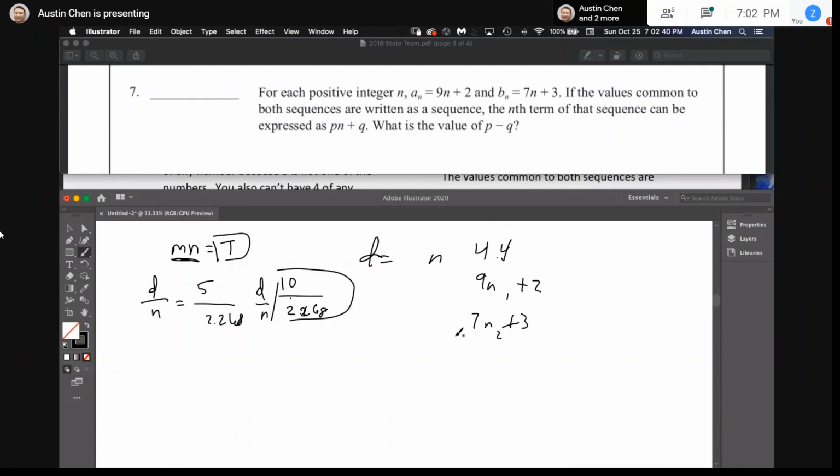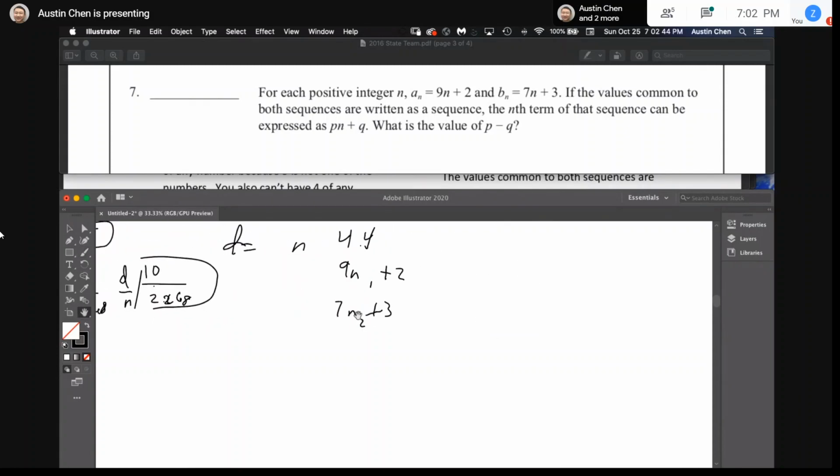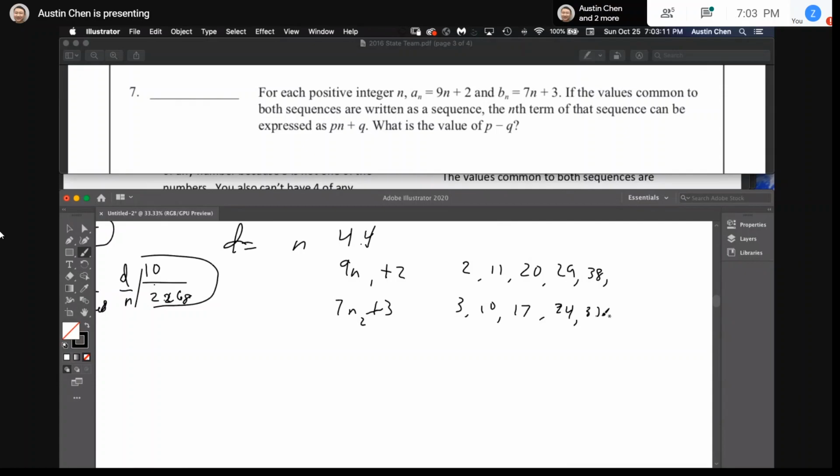All right, so one thing we can do is list them out. This is going to be 2, 11, 20, 29, 38, and so on. This is going to be 3, 10, 17, 24, 31, and so on.